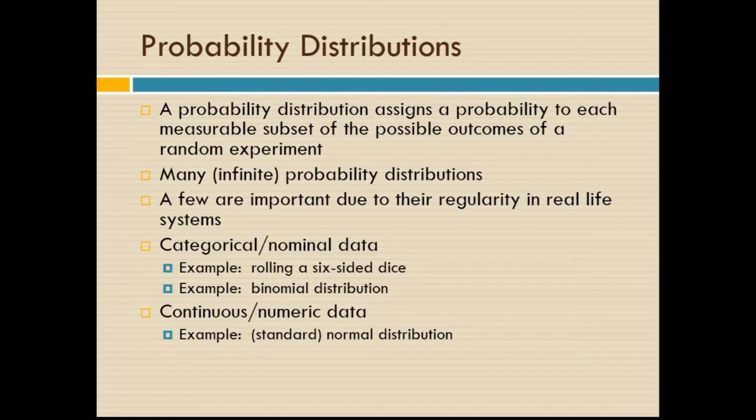So for each of these, the six-sided die, the binomial distribution, and the normal distribution, we will have videos on what those are and how to calculate probabilities for particular problems, and how to do those in Excel. So let's start with the six-sided die.